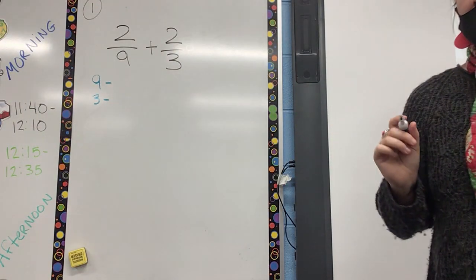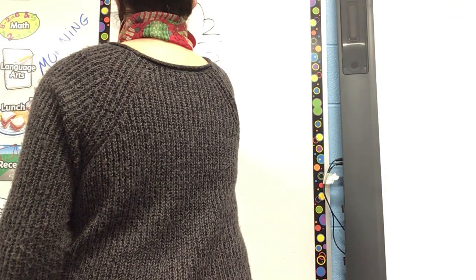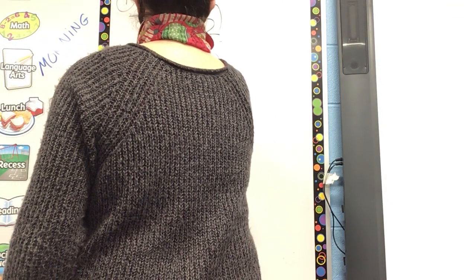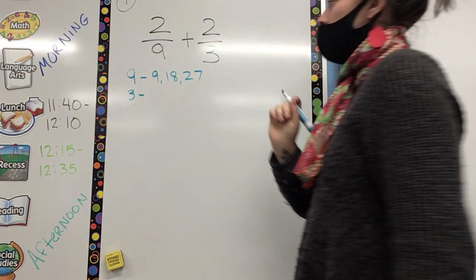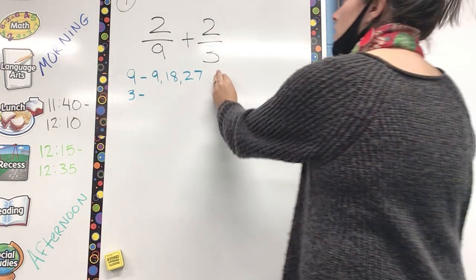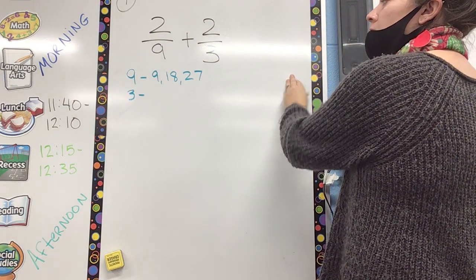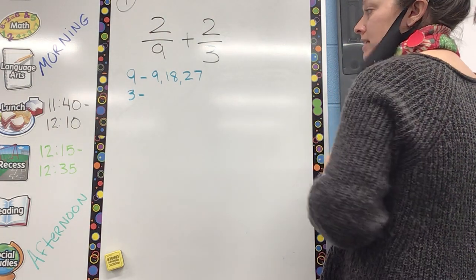So let's go ahead and say our multiples of 9. Ready? 9, 18, 27. Let's stop there for now and see if we need to keep going. Remember, we don't want to make a huge list here and make more work for ourselves than we need to. Let's just do a couple, 3 or 4 at a time.